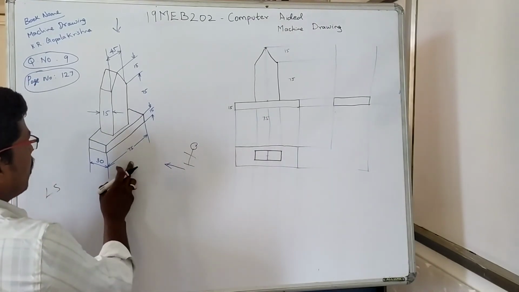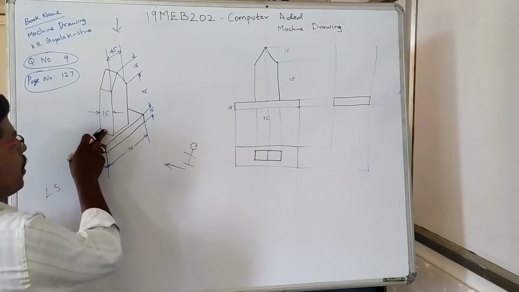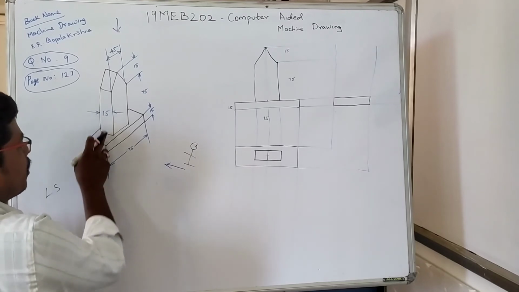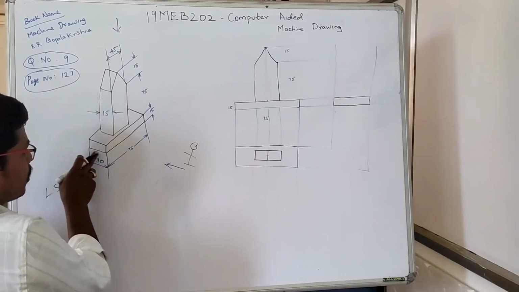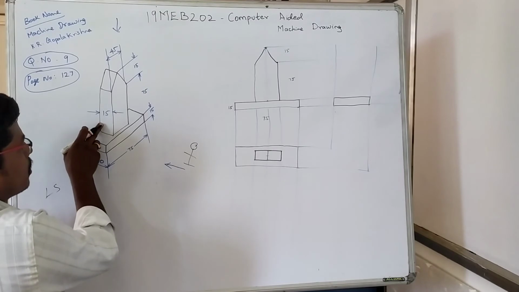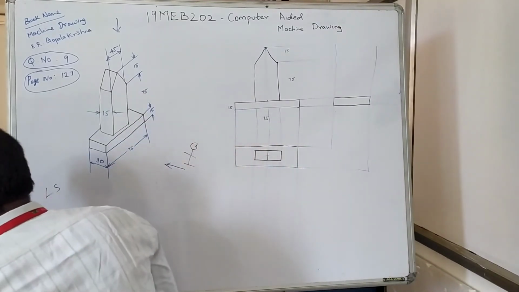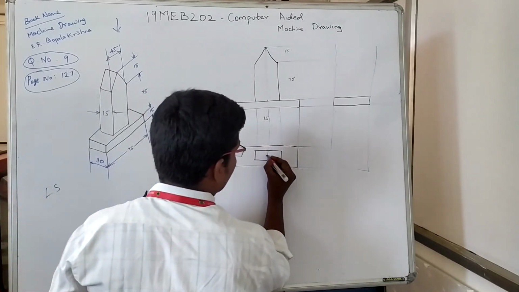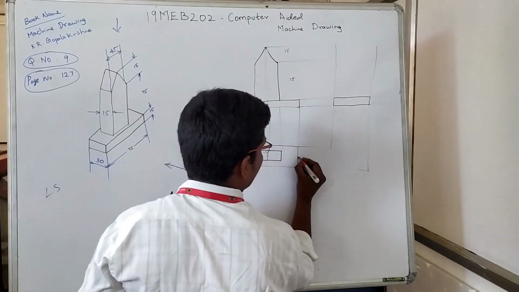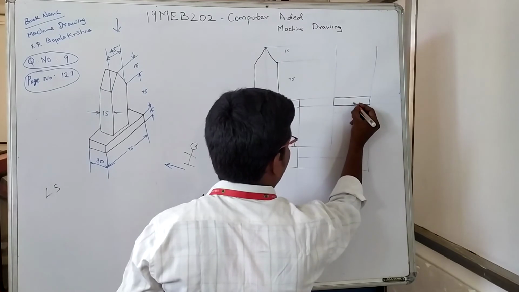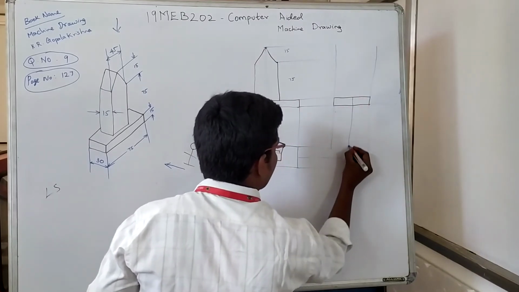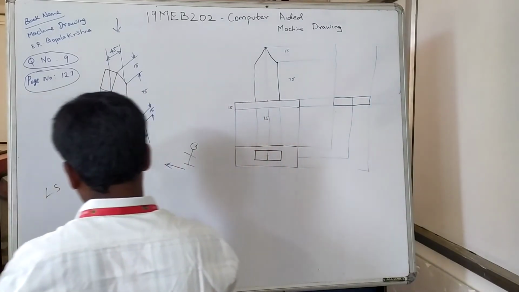Okay. Now I am going for this part. This is 15 millimeter. Again I am coming 30 mm thickness. This is 15 mm thickness. Hence I need the center line, center point. This is also my reference, and this line may not be mentioned here.